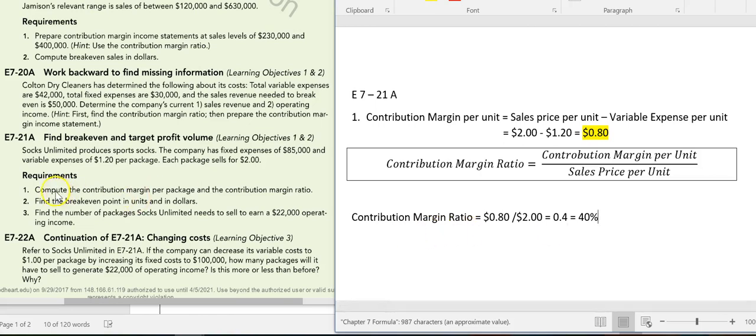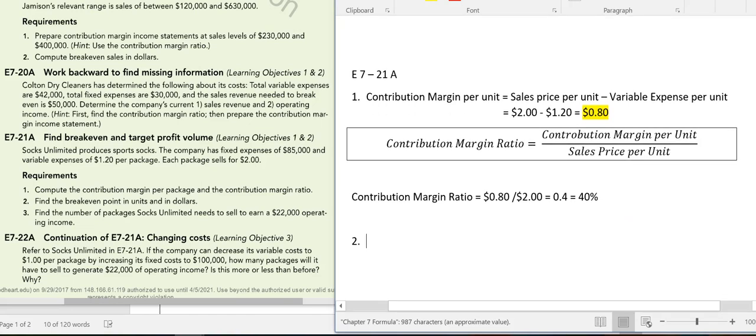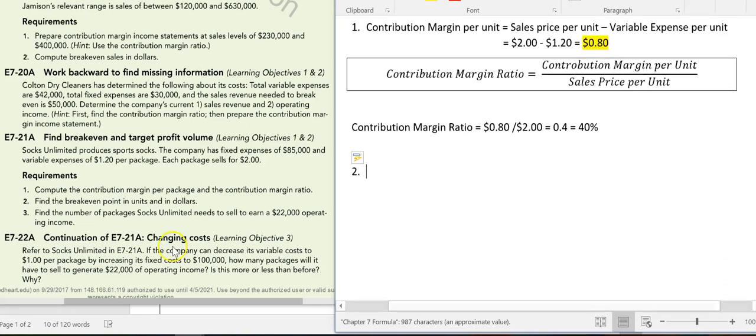So we just did our requirement number 1, where we calculated our contribution margin per package and the contribution margin ratio. Now we will do requirement number 2. Here we're going to calculate our break-even point, in units and in dollars. So I'll just highlight our results here.